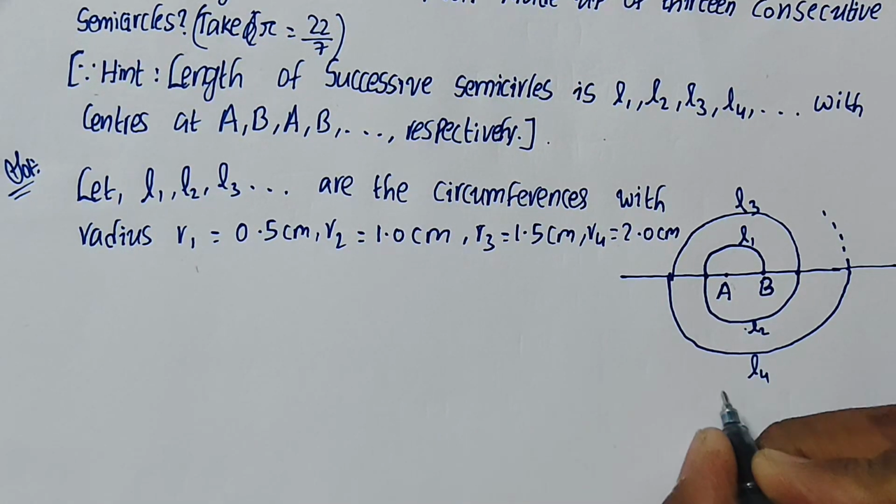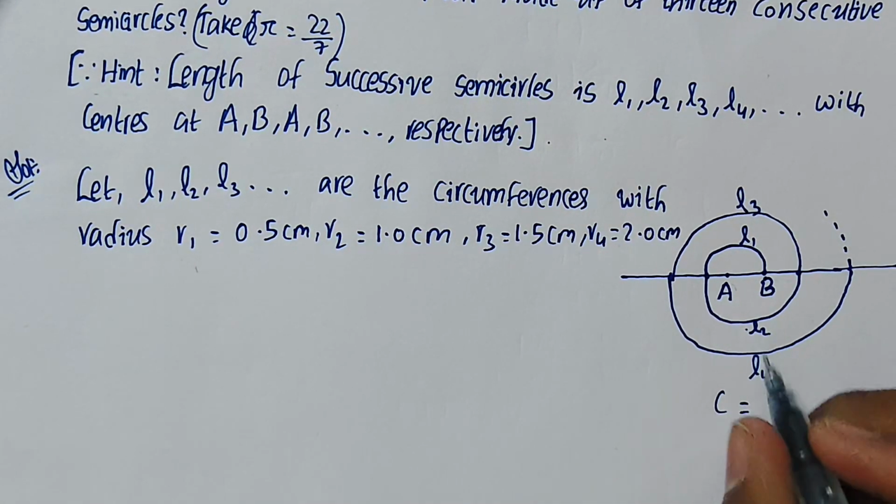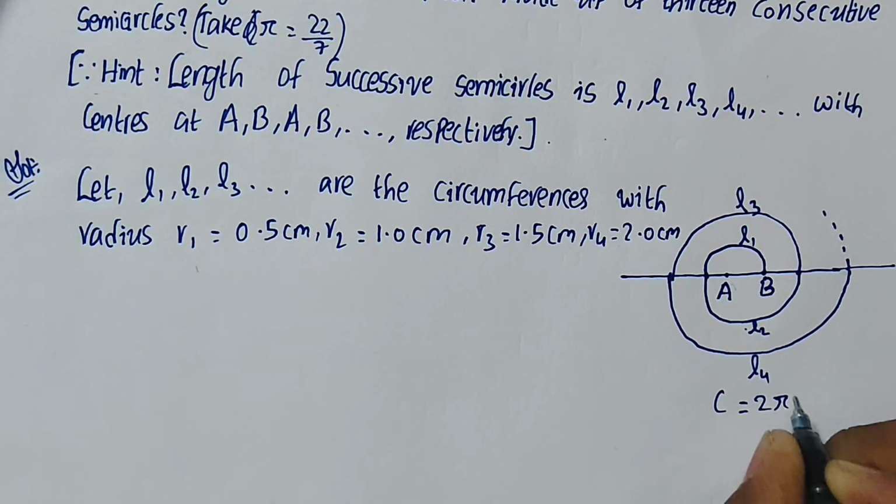So we know the circumference, means the perimeter of this circle, is 2 pi r.